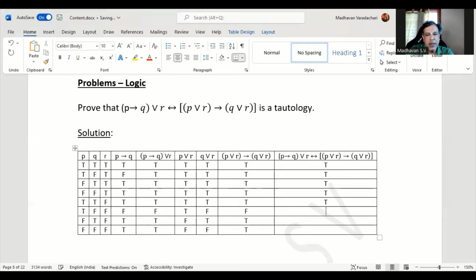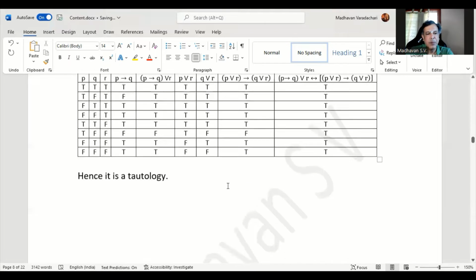That is why the truth values of the last column are all true. So hence it is a tautology. So that is the proof of this particular problem.